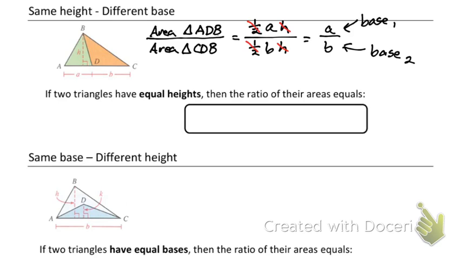So when dealing with same height, and we'll do it down here, same base, there is no squaring for the area. It's hard because yesterday's assignment was all squaring whenever you saw area. These two are different. We don't square. Try to keep that straight. So we got a little nifty formula: if they have equal heights, it's just the ratio of the bases.